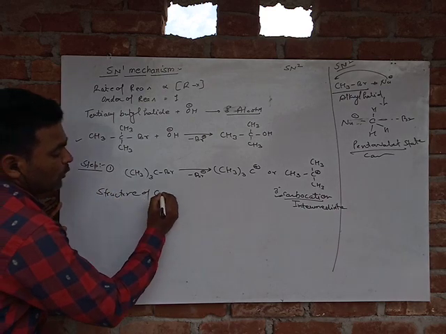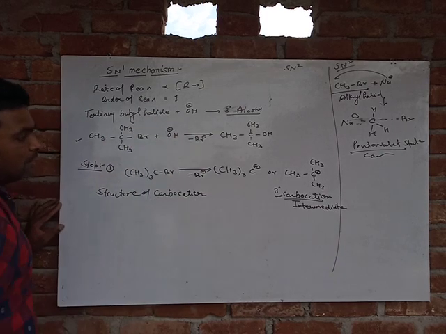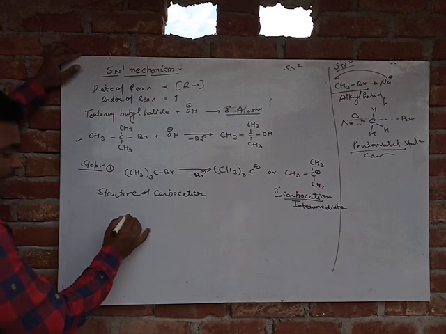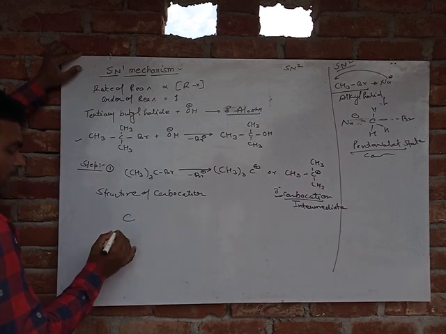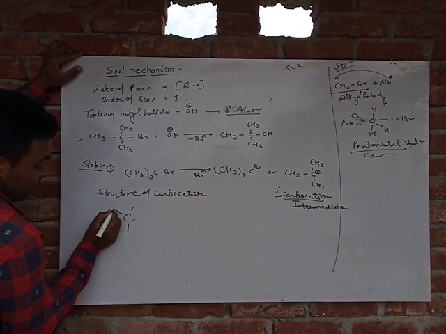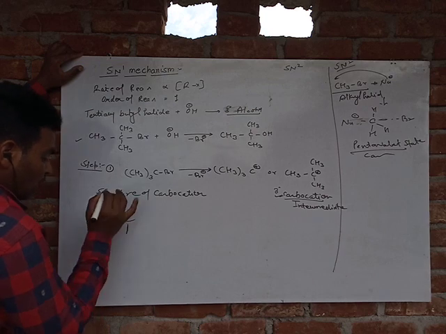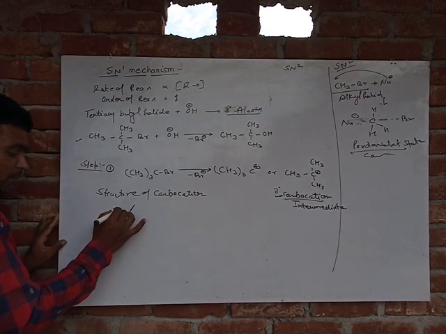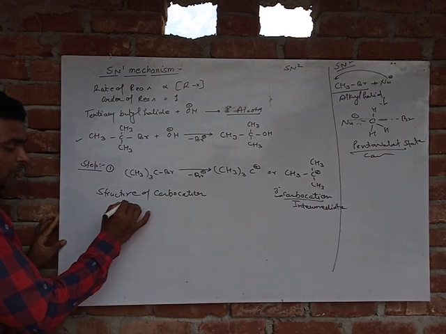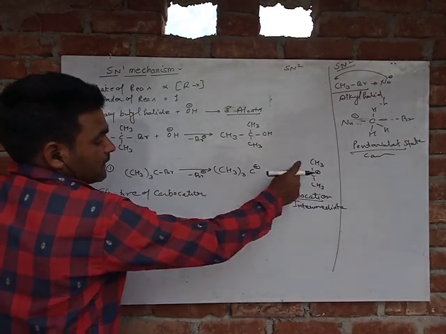Structure of carbocation. We know that a carbocation has a carbon atom and three sigma bonds. The bond angle between them is 120 degrees, like this: CH3, CH3 and CH3.